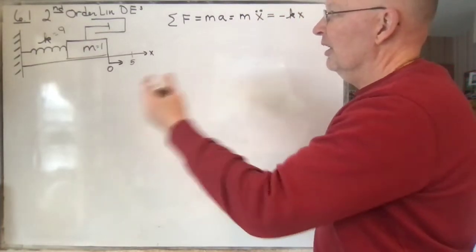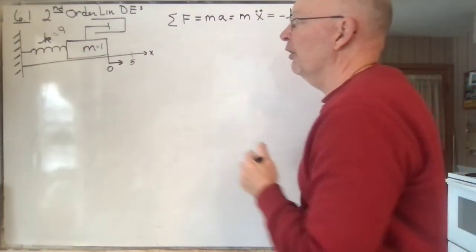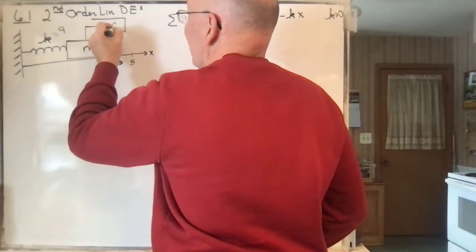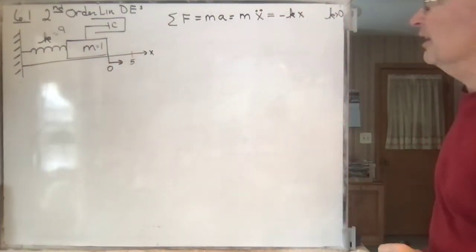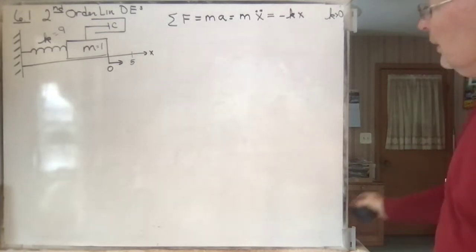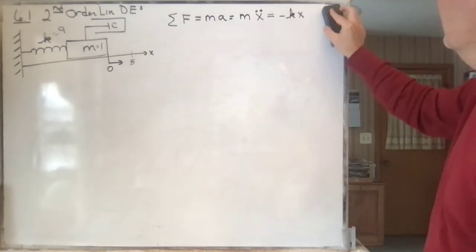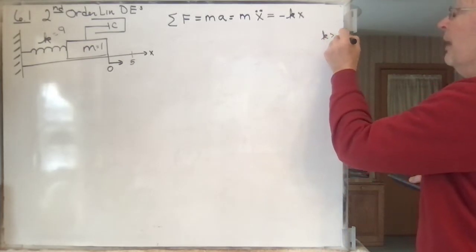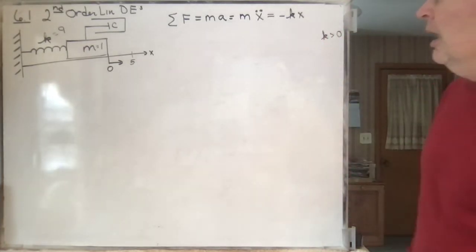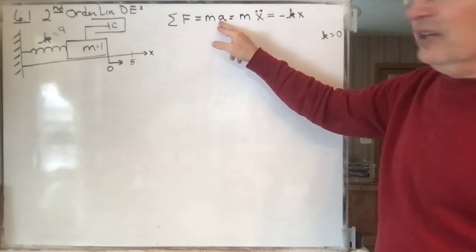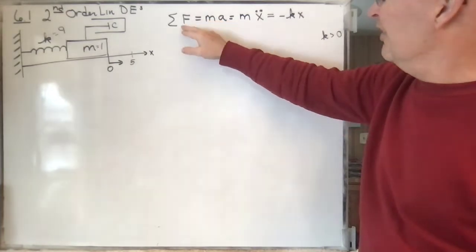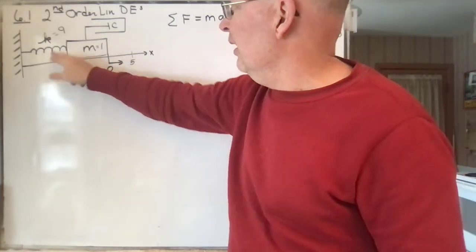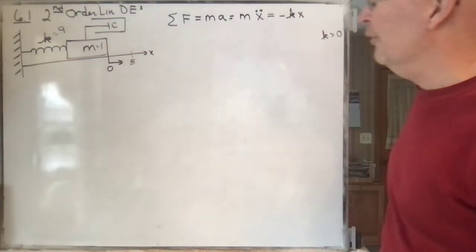So it's pushing through that viscous oil, and we're going to let C stand for the viscosity. Okay? Well, how's that going to affect our differential equation? First of all, K is still positive here. Mass times acceleration is equal to the sum of the forces. But now we not only have the force due to the spring, we have the force due to the friction.